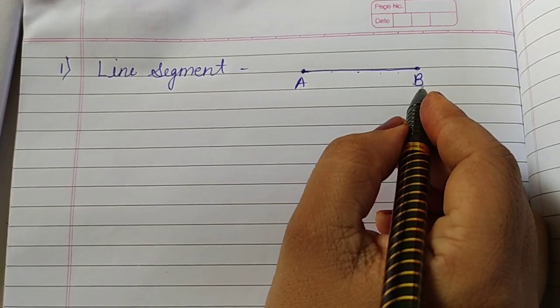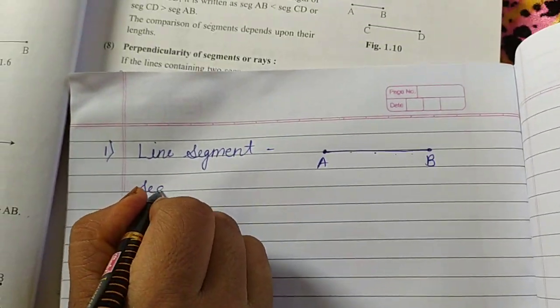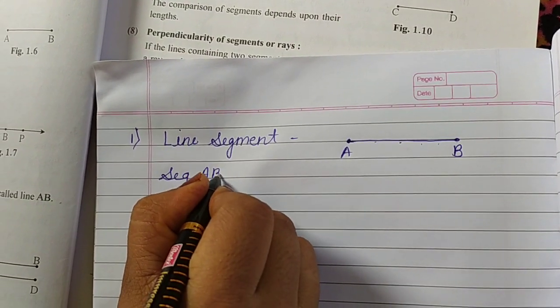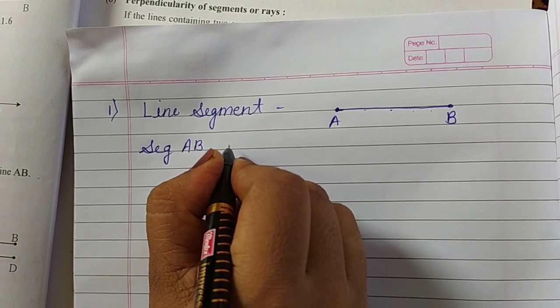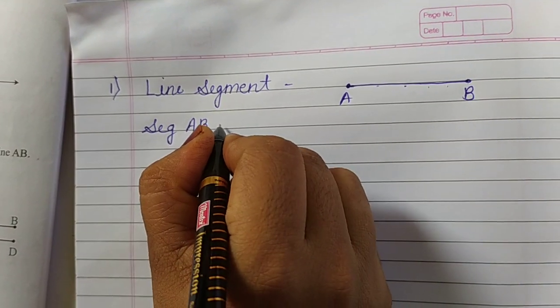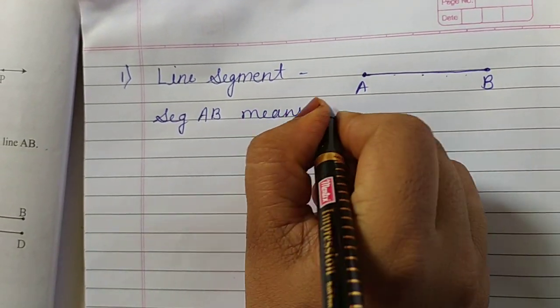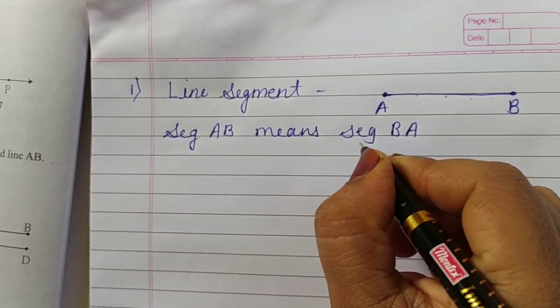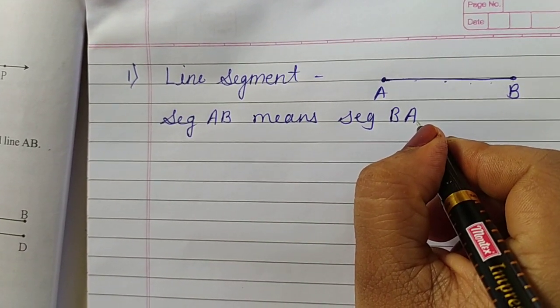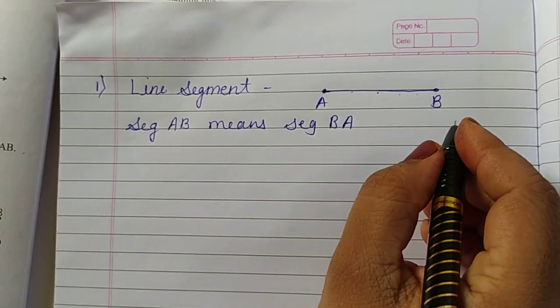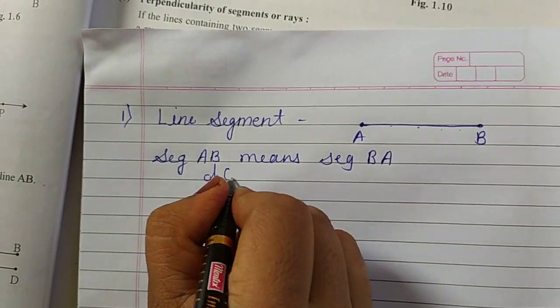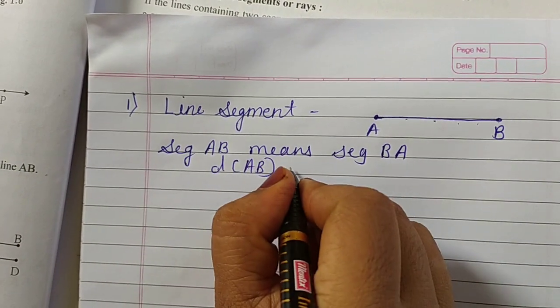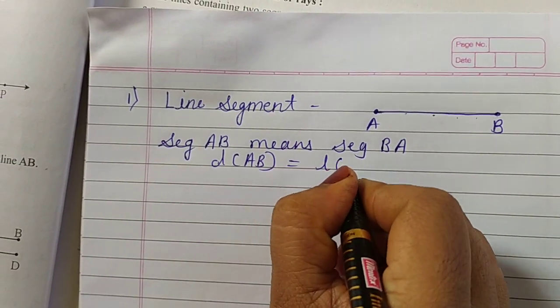So you can say segment AB is of 5 centimeter or length of AB is 5 centimeter. Segment AB can be written as segment BA, reverse order. AB or BA same. You can write segment AB as a distance of AB, or length of AB.